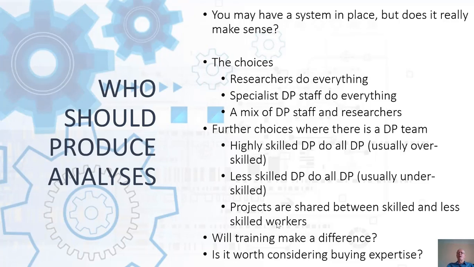I think considering what works well is really important, and actually being flexible enough to vary that from project to project. I know of some companies where their DP staff just set up all the variables so that even the complex variables are ready for researchers to plug into and do whatever analysis they need. And that means that DP staff are doing all the sort of things that they're skilled at, which is manipulating data, handling data from data collection software, preparing complex variables that might need skills and learning of syntax or whatever else it might be.